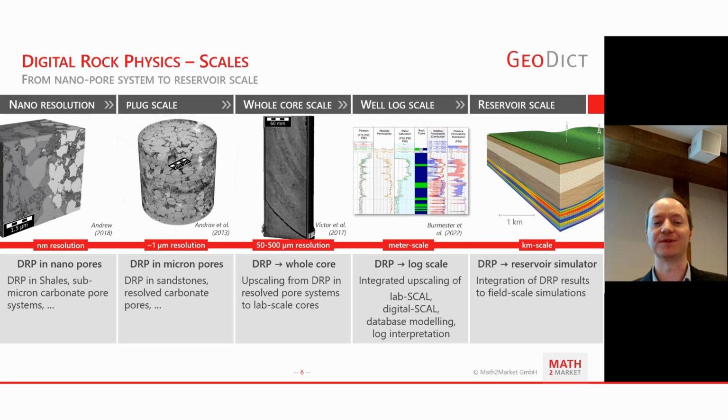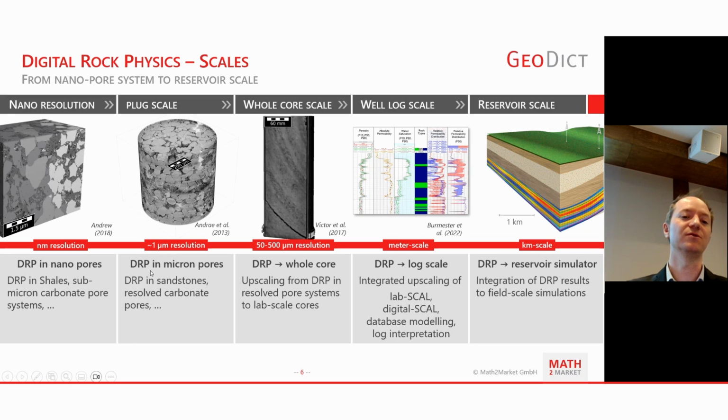So which is probably the time to get to the question, what are the scales that we are looking at in digital physics? Typically, as I just said, we start off with a plug scale, looking at resolved pore systems with micron resolution in these rocks, which is about conventional sandstones or the resolved pores in carbonates.